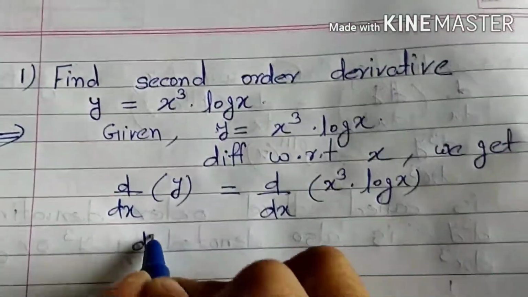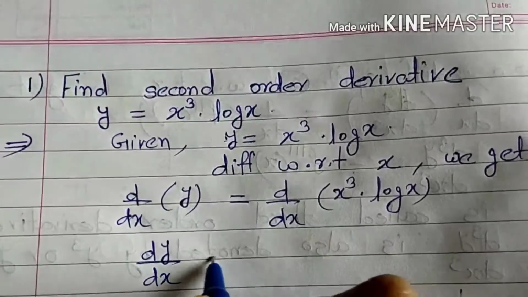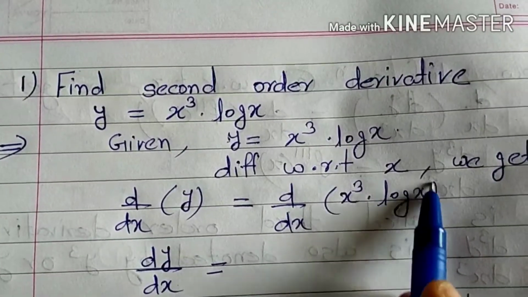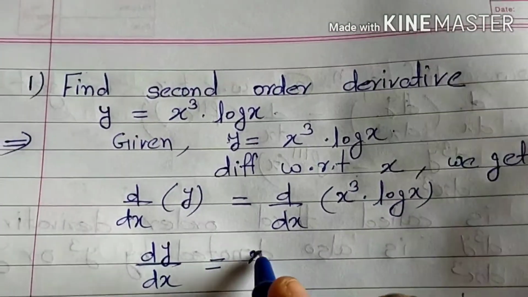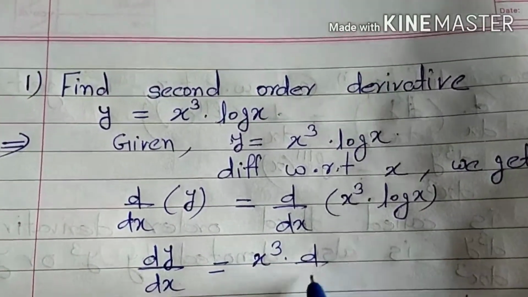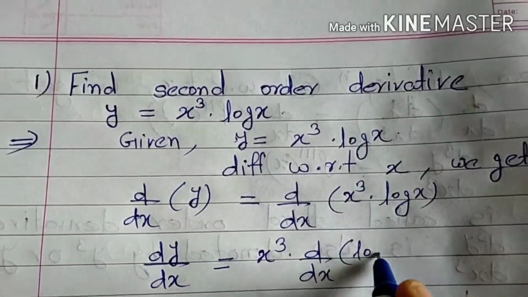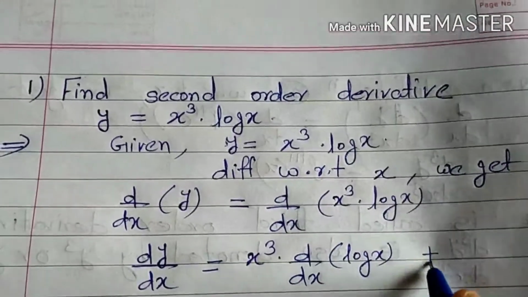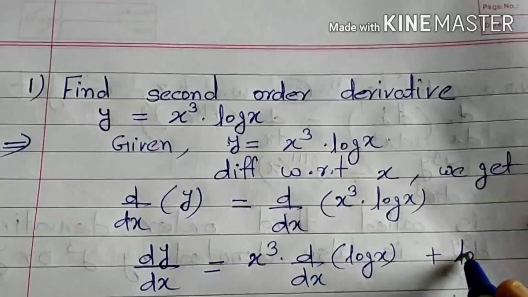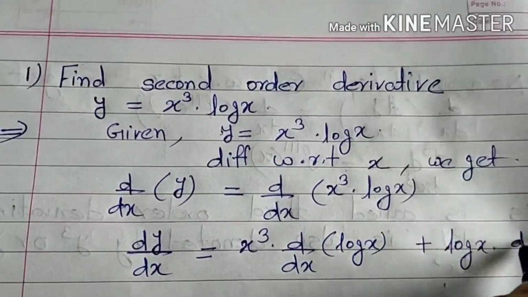Here we have to use the product rule: first function as it is into derivative of second, plus second function as it is into derivative of first.